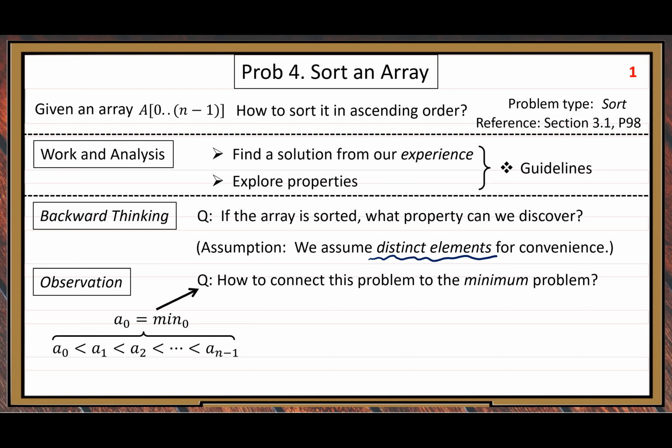Because after we locate the first minimum, next round, we need to do more work. In the next round, we can exclude the first element, right? We don't need to touch it.